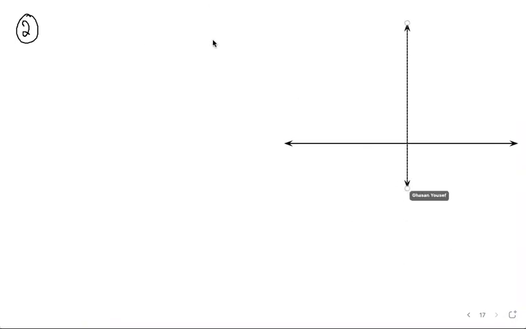So the graph is like this. The function passes the point (3, 1/8).